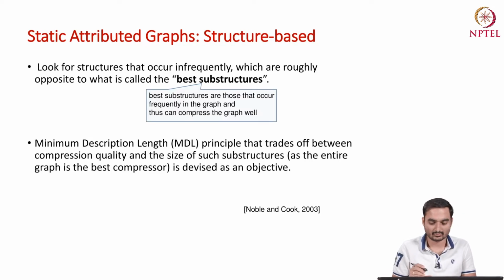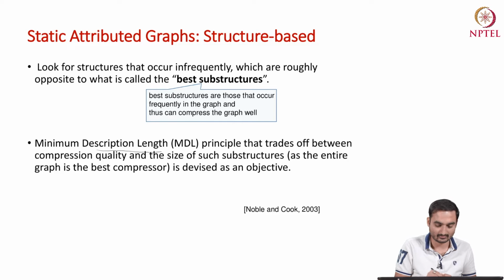So people try to identify roughly what the base substructure is. The base substructures are those that occur frequently in the graph and thus can compress the graph well. Again we are looking at it from a minimum description length, information theoretic point of view.